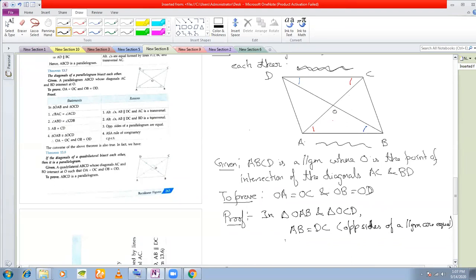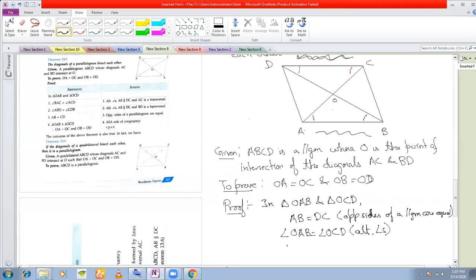Next, we say angle OAB is equal to angle OCD, alternate angles. Similarly, angle OBA is equal to angle ODC, again alternate angles.